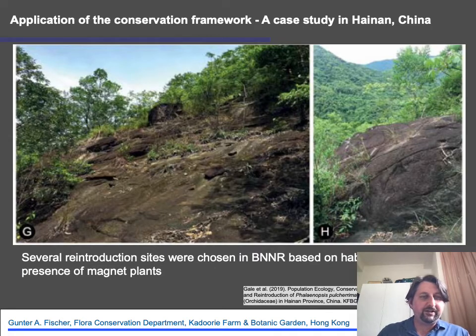Several of the reintroduction sites were chosen in Botanic National Nature Reserve based on the habitat and the availability of the magnet plants. And many of these sites actually had plants in the past, but because of collection they disappeared. So the main goal was to re-establish those populations in these sites.